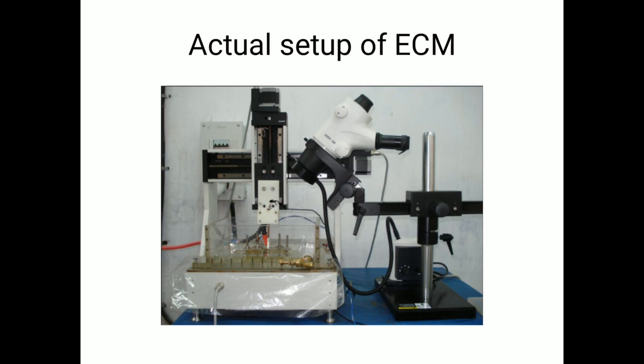You can call this setup a feed unit. The feed unit is controlled by a servo motor. The servo motor gives the necessary amount of feed to the tool during the machining process.